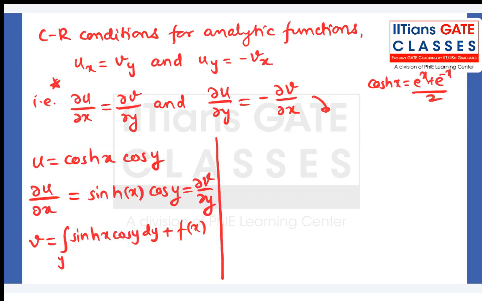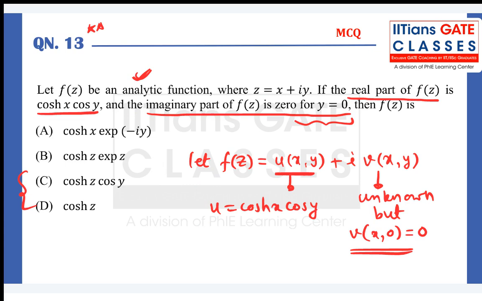So the first two options you can eliminate because there are no exponential functions in the final form of f of z, or even this exponential minus iy; if you expand, those will have cos and sine terms, so there is no sine hyperbolic there. And option C you can also eliminate.